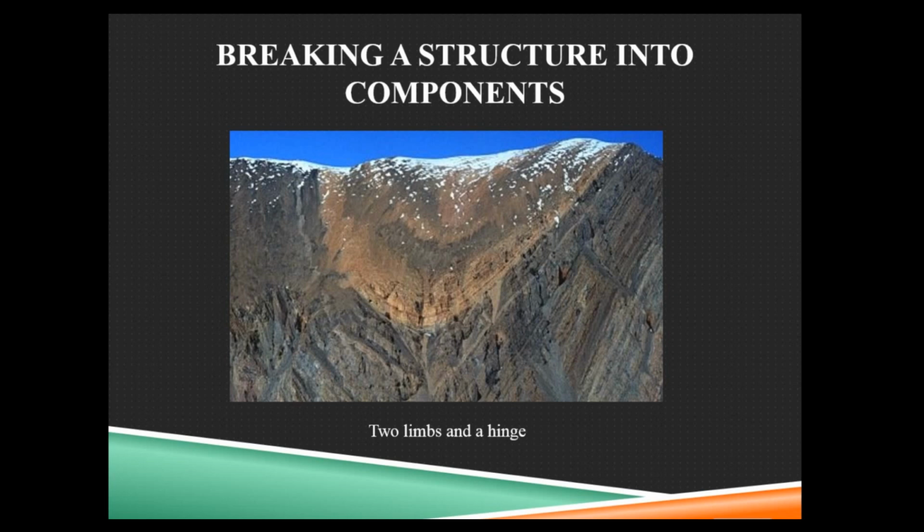And what we can look at is two limbs and a hinge. Now the hinge is down here, it's like the pointy part or the bottom of the curve. The limbs are the relatively straight sections. You think of it as, you fold a piece of paper, the hinge is where the crease is, and the limbs are the paper on either side of the crease.